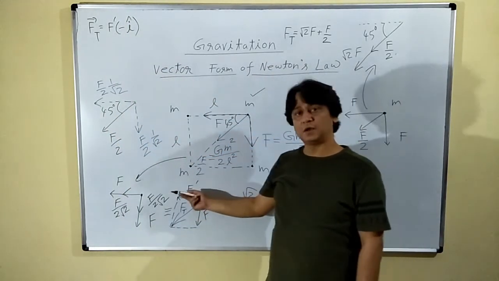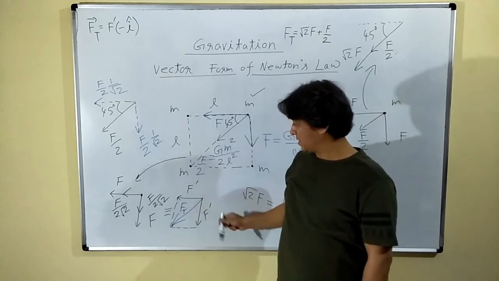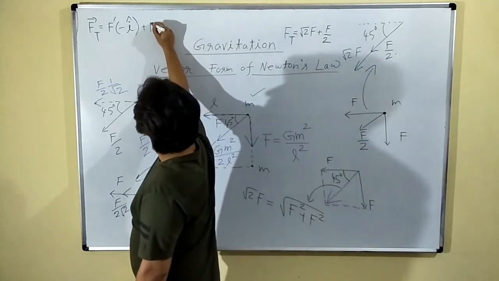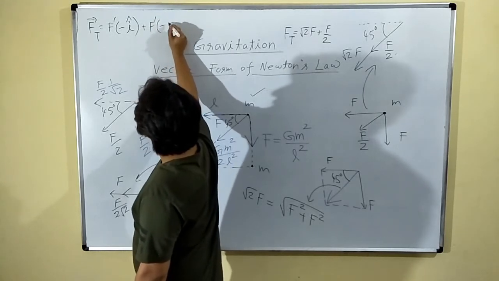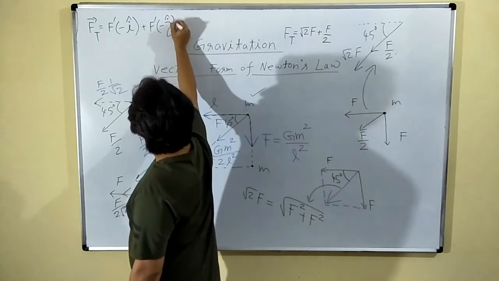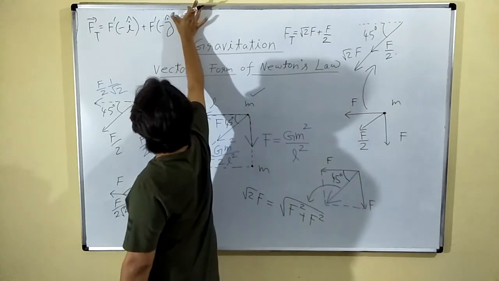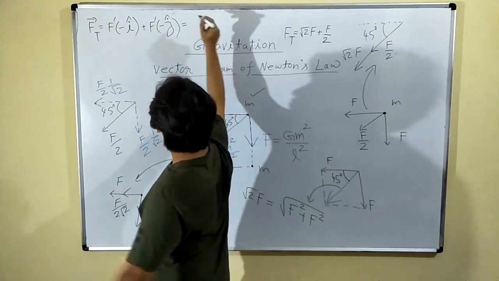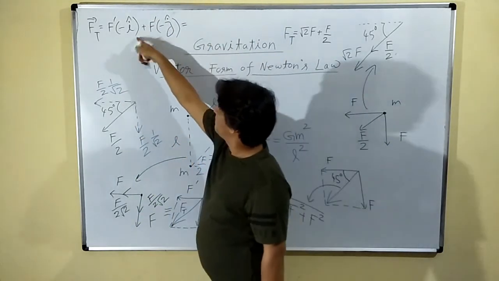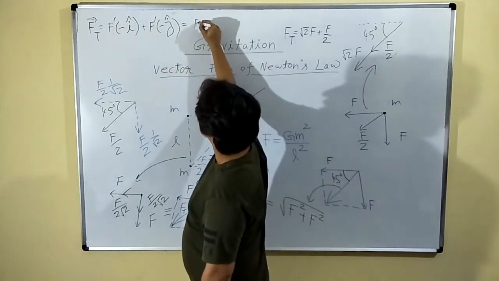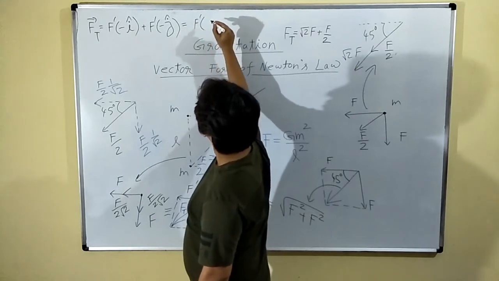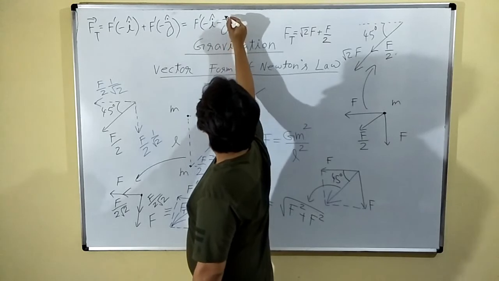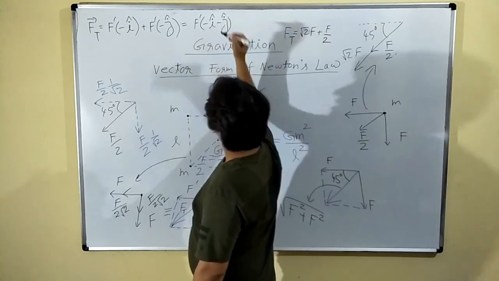F dash किधर? माइनस I कैप। देन F dash किधर? माइनस J कैप। F dash किधर? माइनस ऑफ J कैप। Which gives us total force as what? F dash common, inside is what? Minus of I cap minus of J cap.